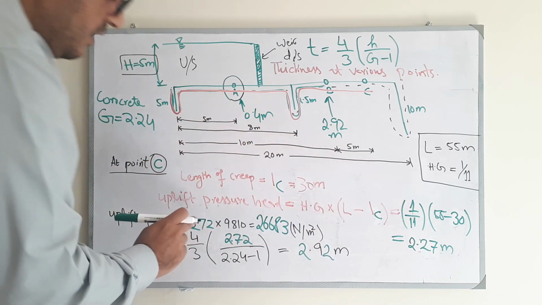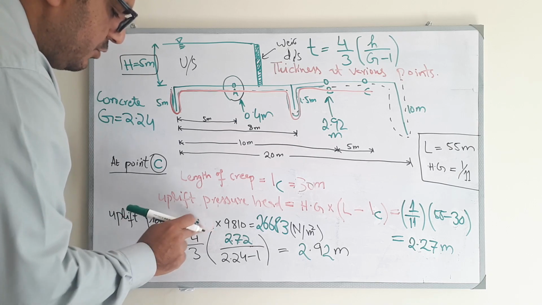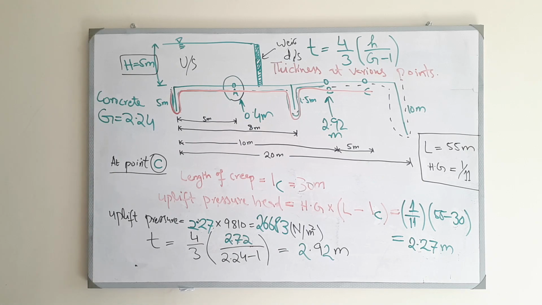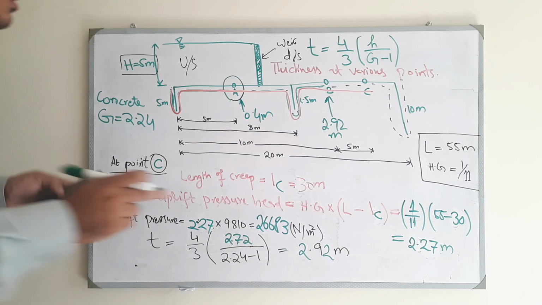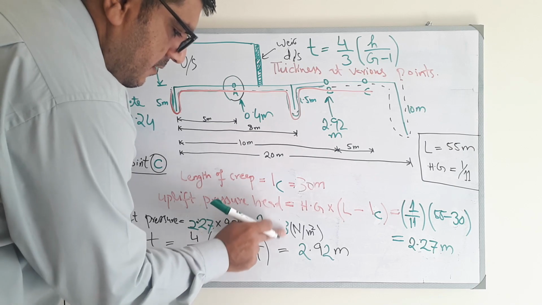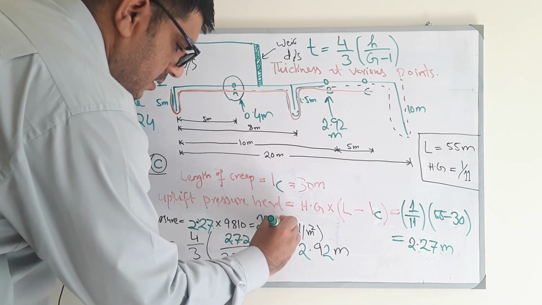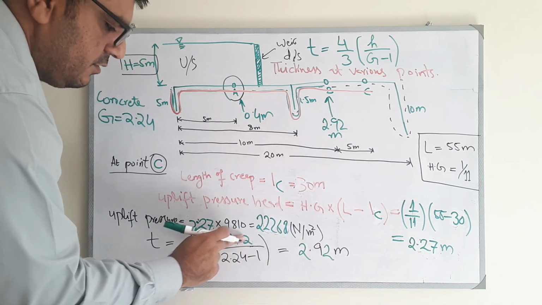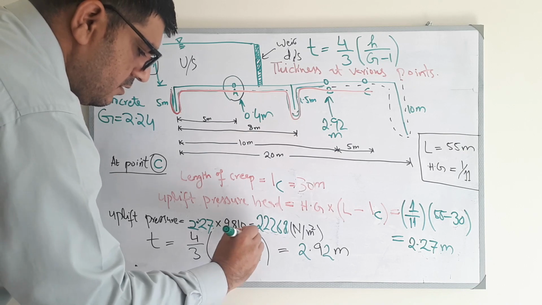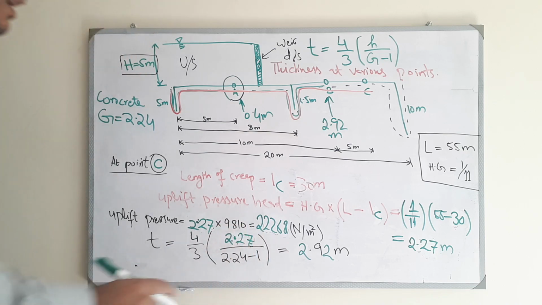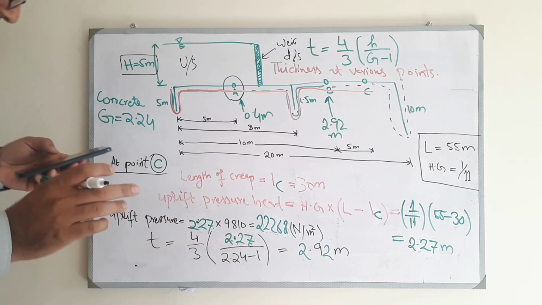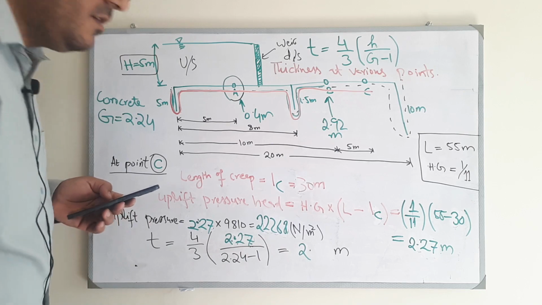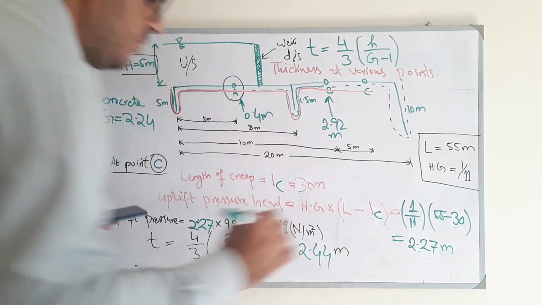So you now have to multiply 2.27 with 9810, the specific weight of water, and you will get the answer of 22268. And when you will insert this value here, 2.27, and the G will remain constant, the other things are constant, and you will get the floor thickness of 2.44 meters.